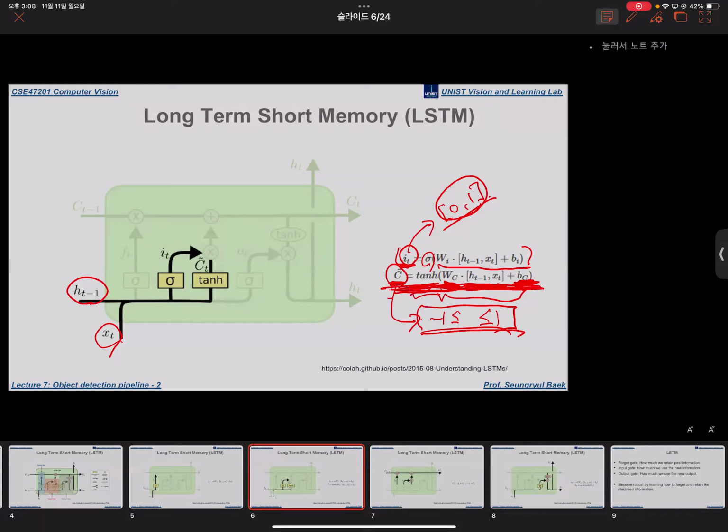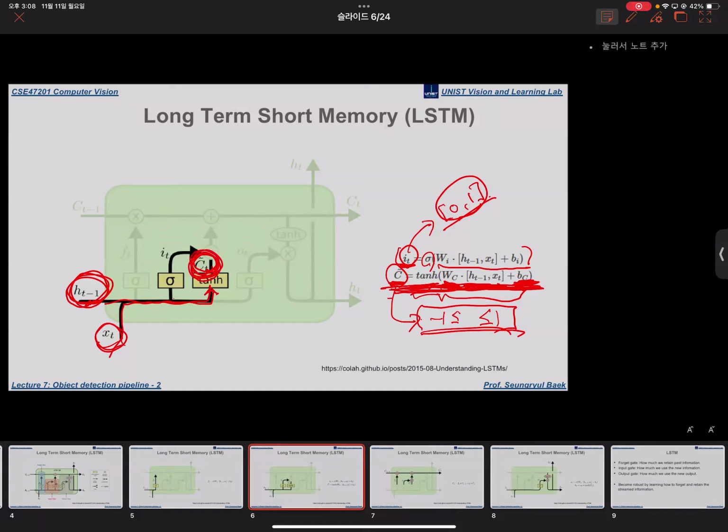But this might be the current frame's contextual information. So you first get the C tilde from the previous layer's information and the current input value x of t to get the C of t.